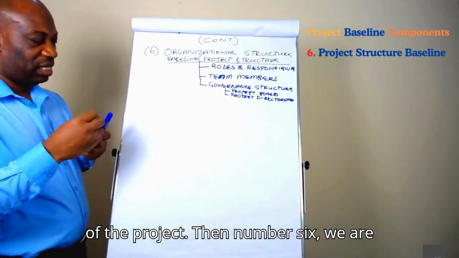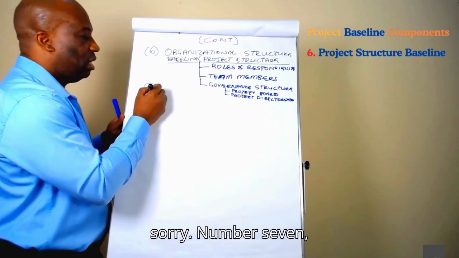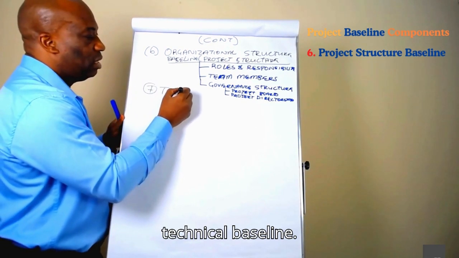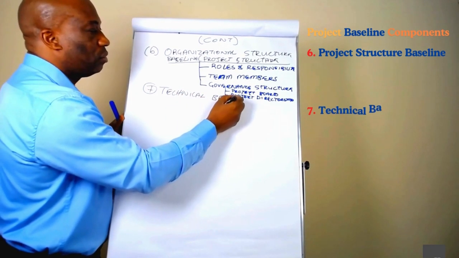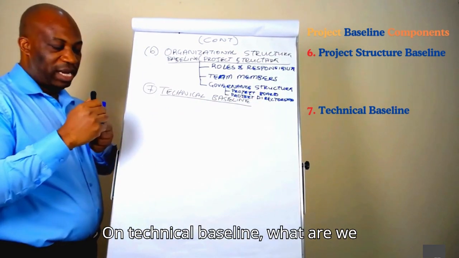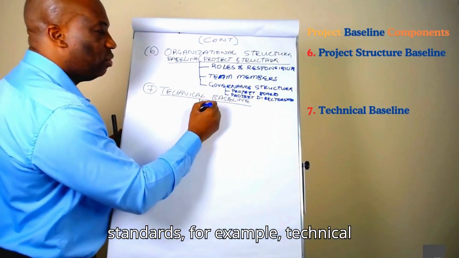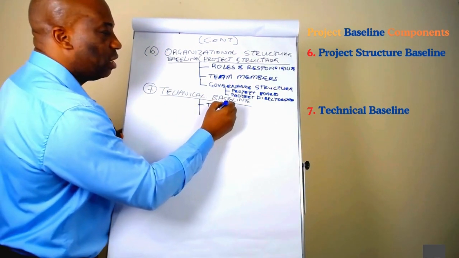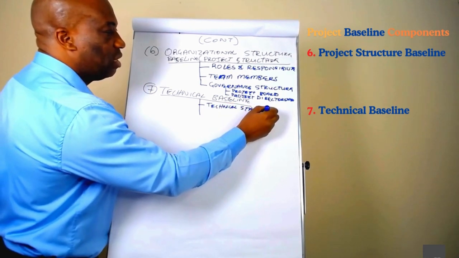Then number 7, technical baseline. Okay. On technical baseline, what are we looking at here? We are looking at standards, for example, technical standards.